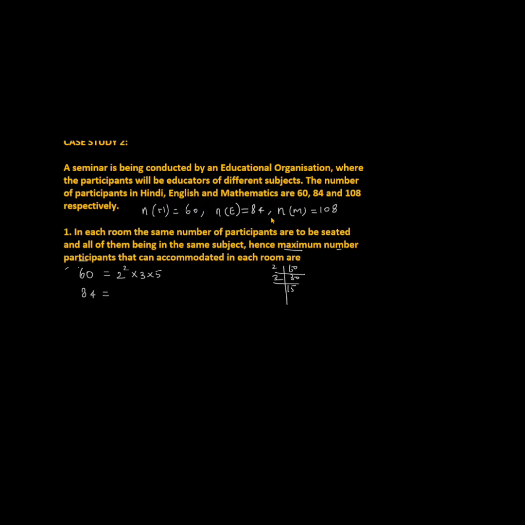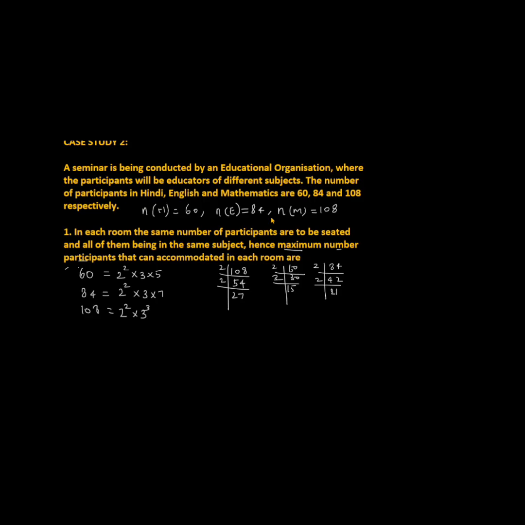Prime factors of 84: 2 times 42, 2 times 21, 3 times 7. So 2 squared into 3 into 7. Now 108: 2 times 54, then 2 times 27, 3 threes. So 108 is 2 squared and 3 cubed.